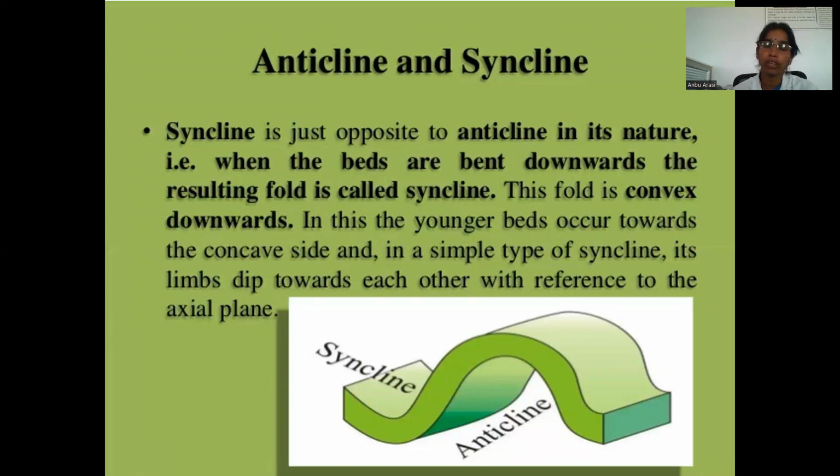That is, when the beds are bent downwards, the resulting fold is called a syncline. This fold is convex downwards. In this, younger beds occur towards the concave side, and in a simple type of syncline, its limbs dip towards each other with reference to the axial plane.